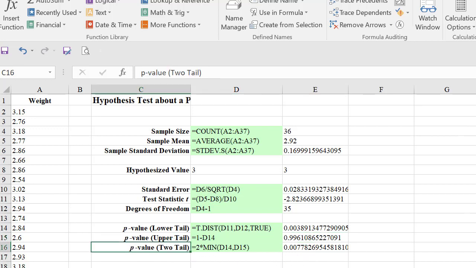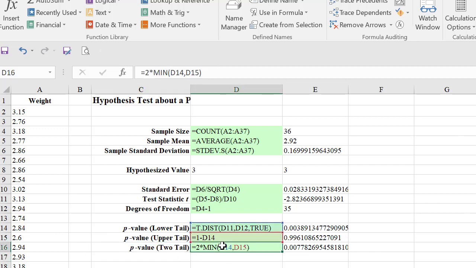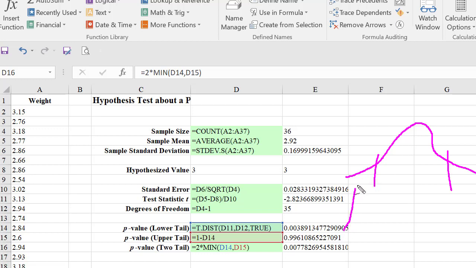Then if we wanted to do a p-value for a two-tailed test, we would take 2 times the minimum of either this value or this value, right? Which is going to be this. So again, if we're drawing this out on a distribution, this is saying, okay, this is 0.00389, which is this value right here.